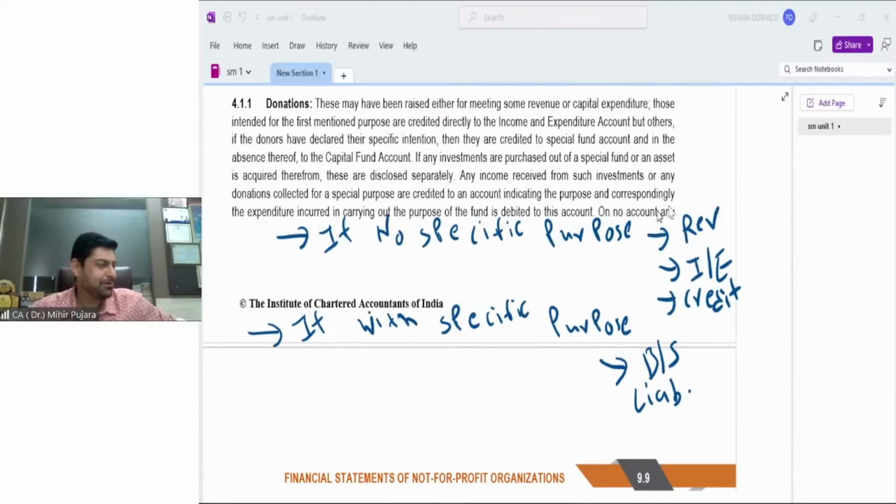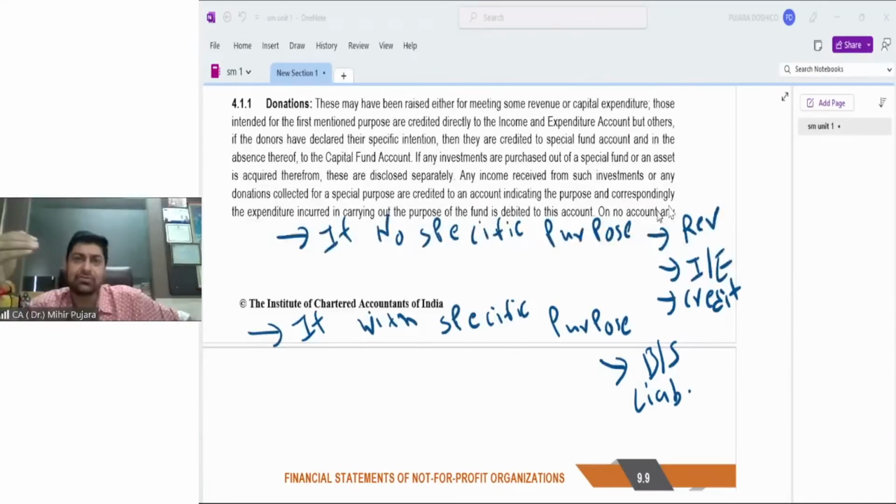Yes, naturally we are talking about donation received. If somebody gives a donation to any hospital and says it's a routine donation, then it is our revenue income. It will be credited in INE. But if someone says it's a donation to the hospital for cancer patients only, a specific purpose, it should be capital receipts, on the liability side of the balance sheet.